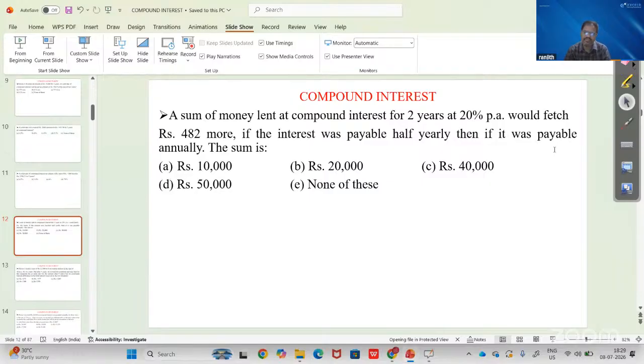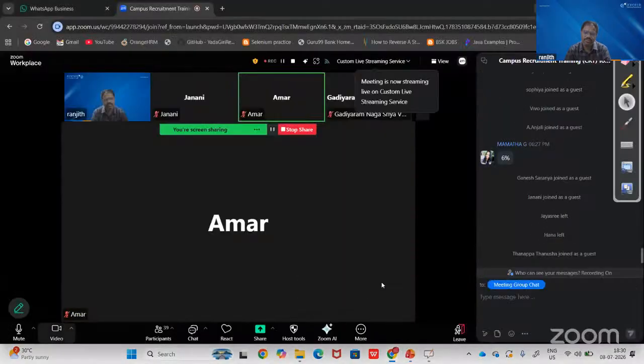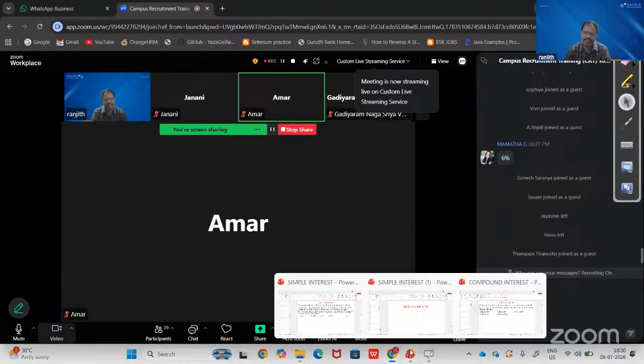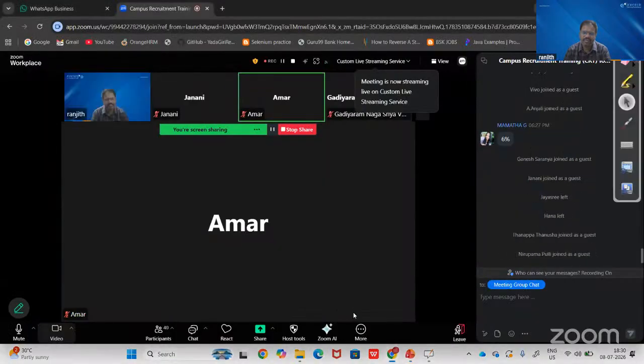Amount is not given. And the interest is also not given. So the answer is, anyone got the answer? Yes.